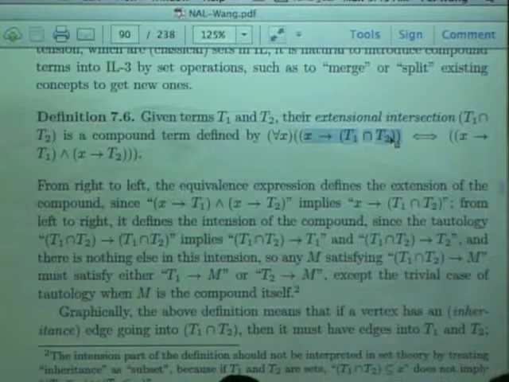Then you can define a compound term just to capture that part, which will be written like this. Intuitively speaking, this part, and formally that's the definition. Everything in this one, if and only if they are both in this one and this one.